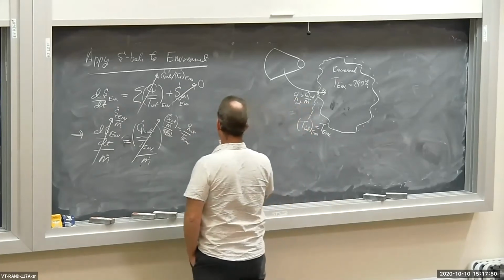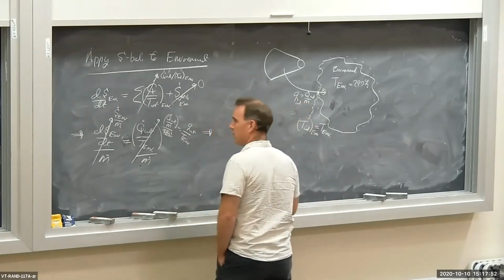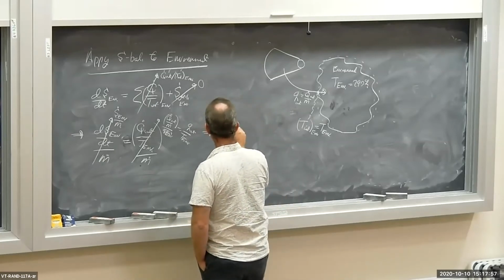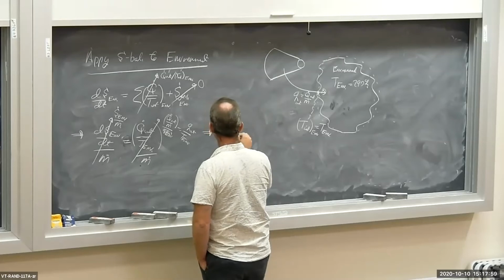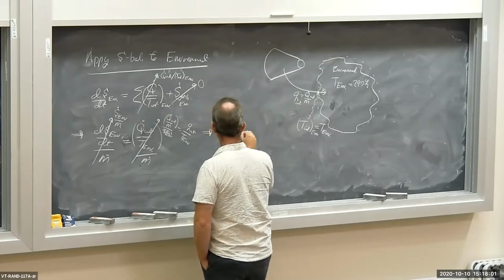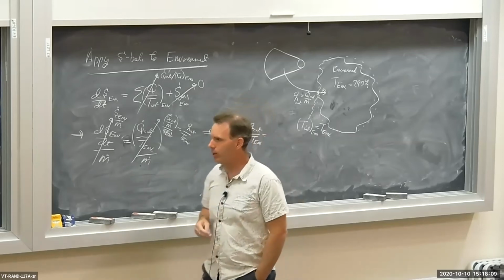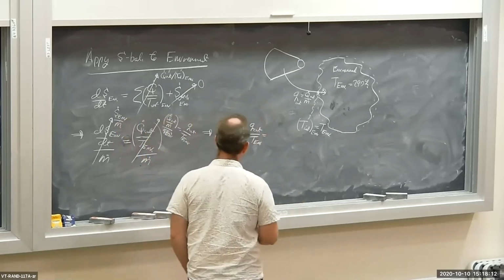So let me write the final equation that I have. The time rate of change of entropy within the environment per unit mass flow through the nozzle is Q out over the environmental temperature. I have Q out, it's 3.2 kilojoule per kilogram.